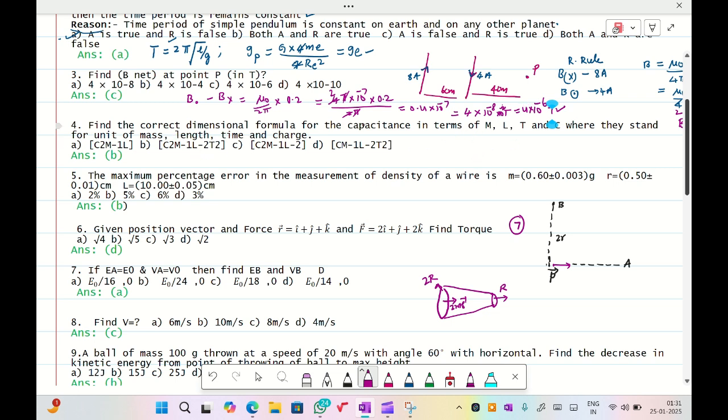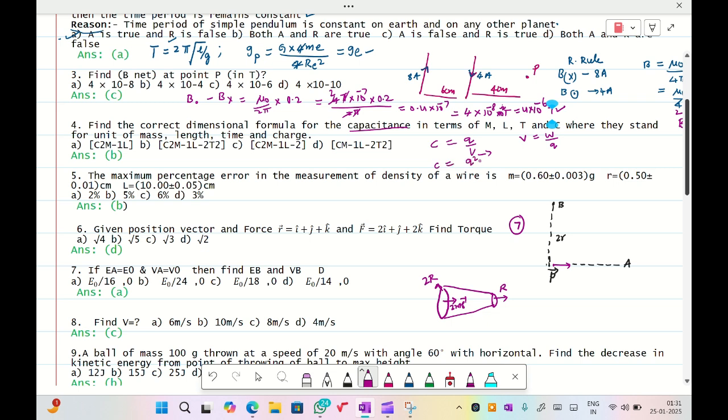Now the correct dimensional formula for capacitance means C is equal to Q by V, where Q is charge and V is potential. We know potential is equal to work done by charge, right? So if we substitute, then C is equal to Q square by work done.